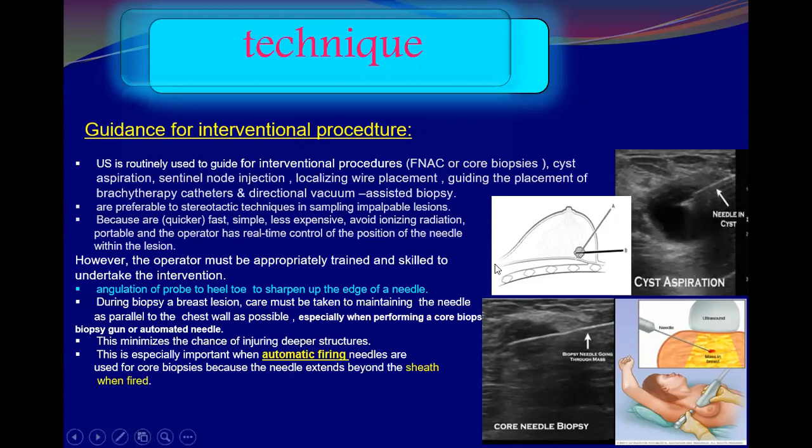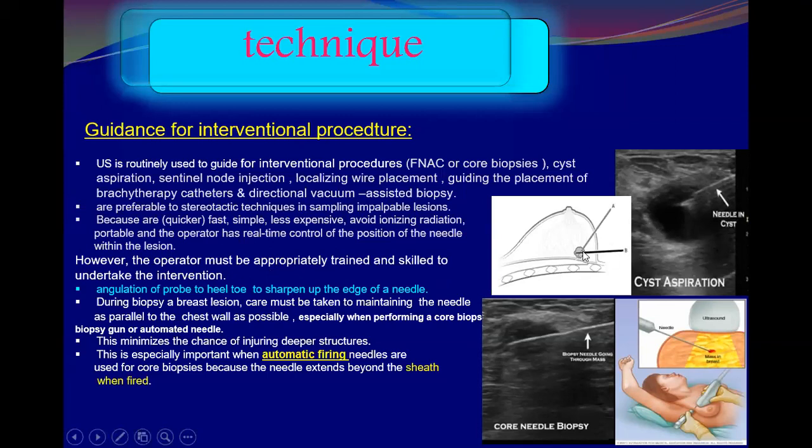But it needs skills and training for doing the interventions. It is important to consider sharp visualization of the needle, and to make sure the needle is not going oblique or perpendicular to the chest wall, to avoid injury to the deep structures, especially the lung and the pleura.